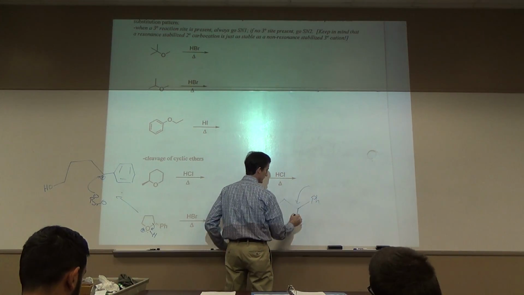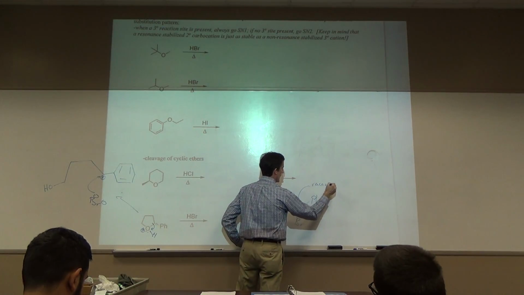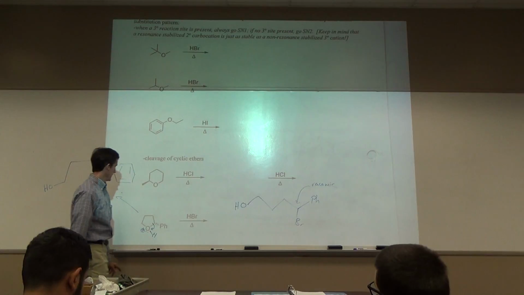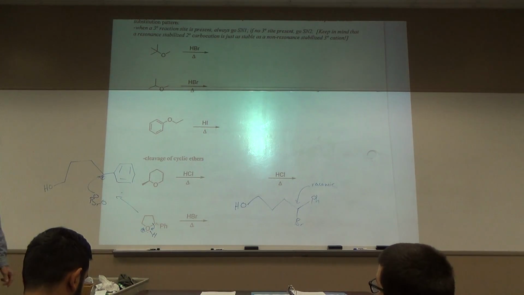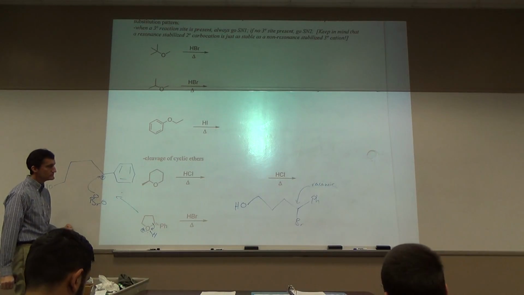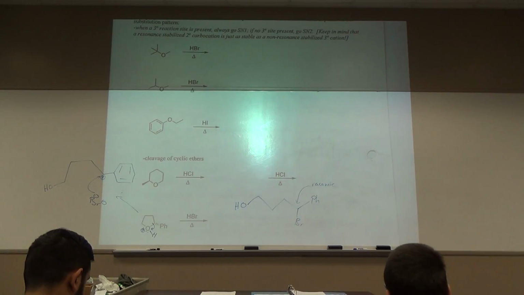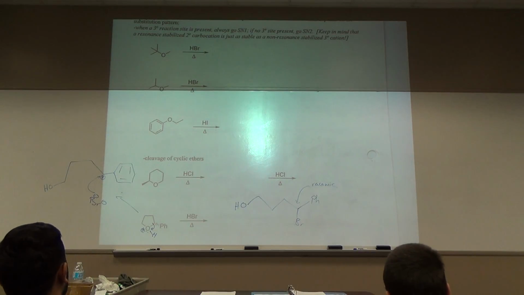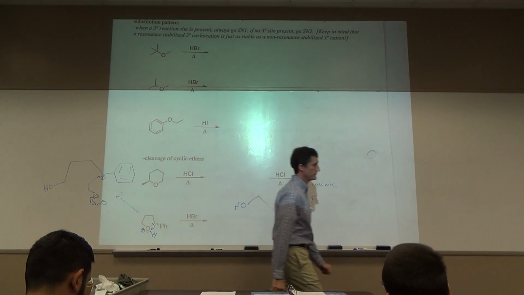What's the stereochemistry going to be here? That's a chiral carbon. It's going to be racemic, because when you attack a carbocation, you attack from either side, in general, usually. Make sense?